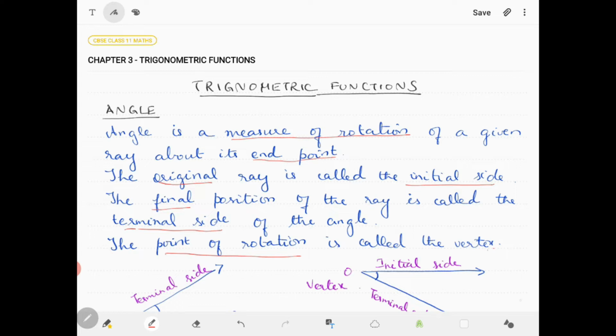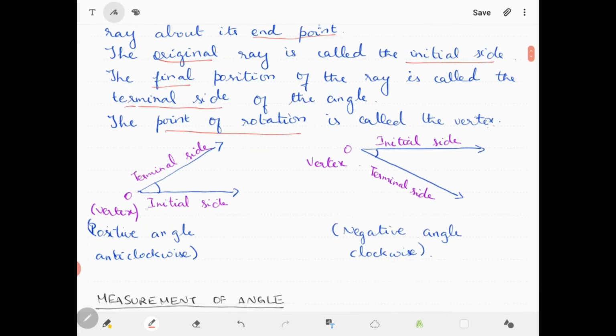Let us now look at it with the help of a diagram. Now here the reference line, that is this line, is called the initial side. So the original ray is called the initial side, and this is the angle of rotation, and we have another line here with respect to this angle, and that is called the terminal side.